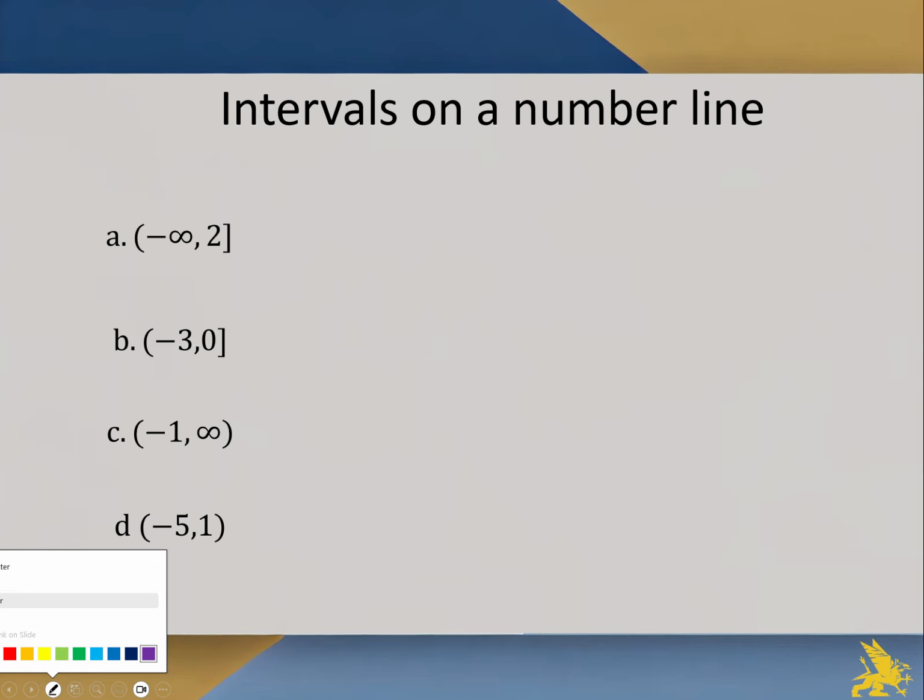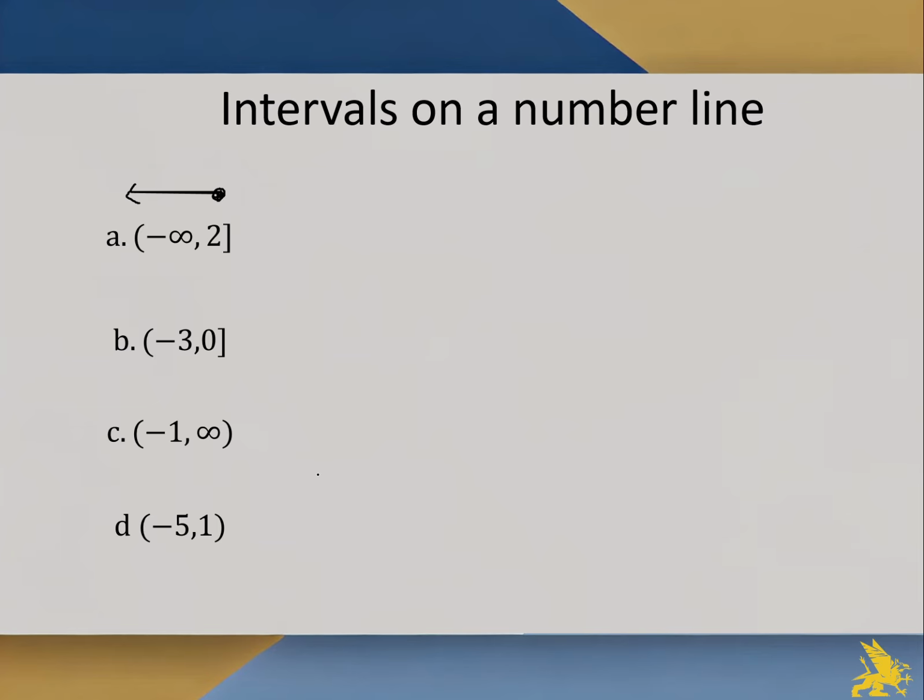So I'm just going to draw it. If we've got a rounded bracket, it can never equal, but 2 it can. So that means we're really wanting to use a full circle and then an arrow over to the left.